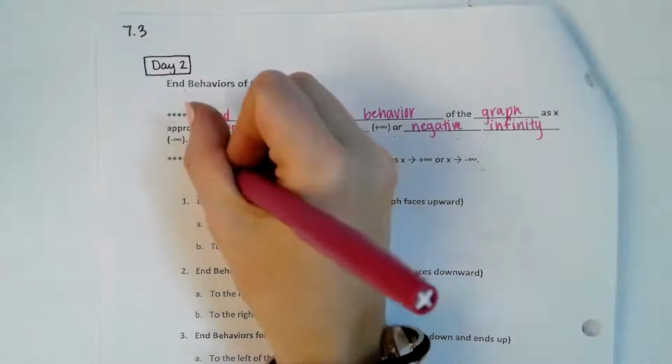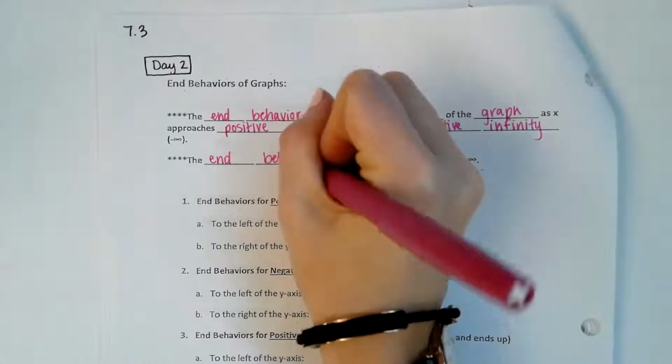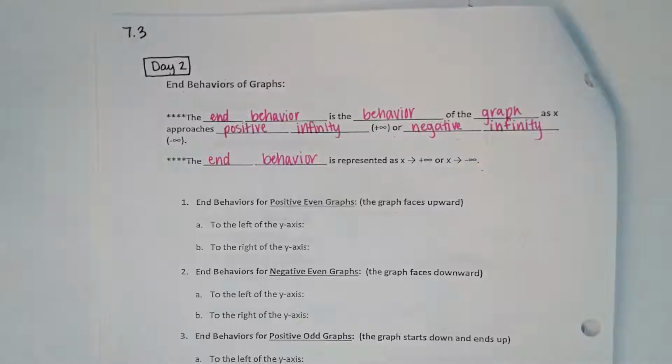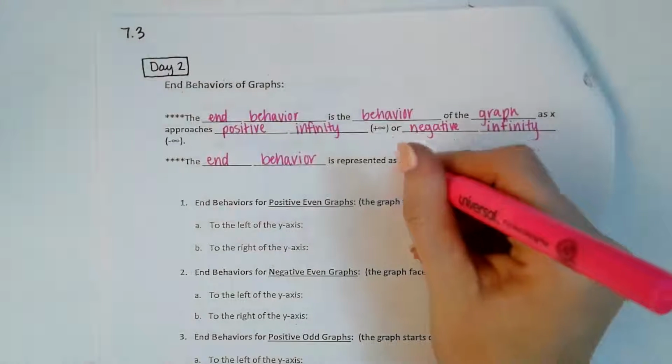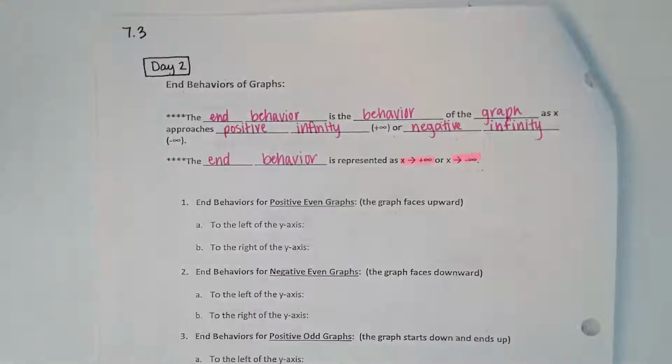So when you write the end behavior, you're going to write it as x approaches positive infinity and x approaches negative infinity. Okay.